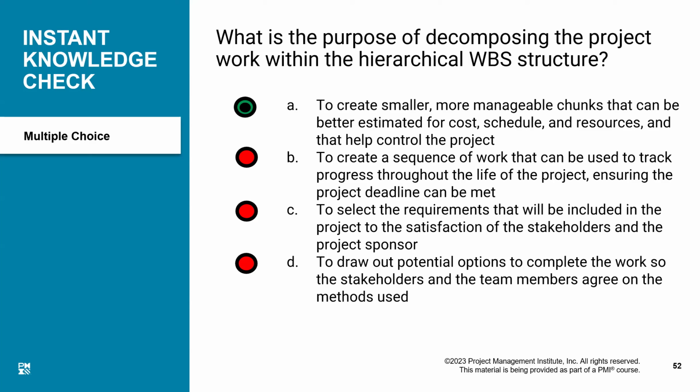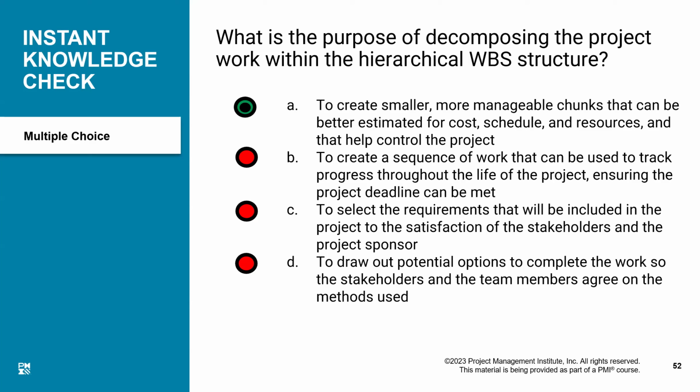to track progress throughout the life of the project, ensuring the project deadline can be met. You see, ensuring the project deadline can be met is not your target. Your purpose is to help control the project. That is the difference between A and B. The WBS is also used to prepare the planning. But once the scope has been established, then you have the baseline, not even the deadline.